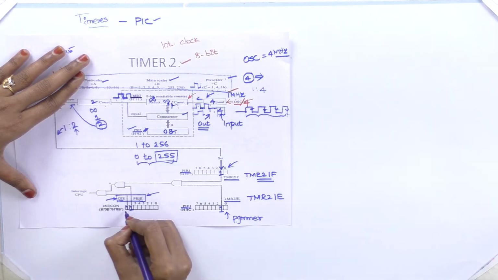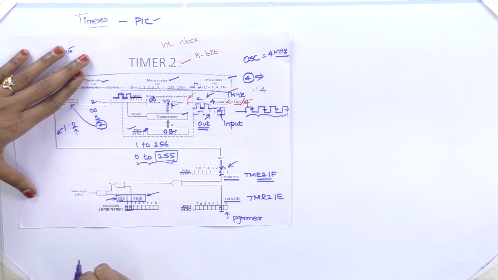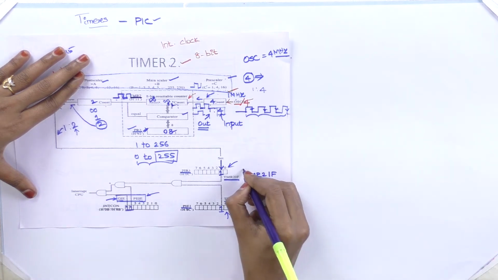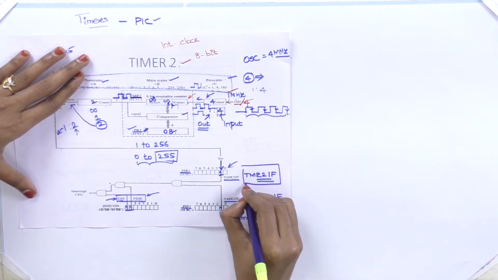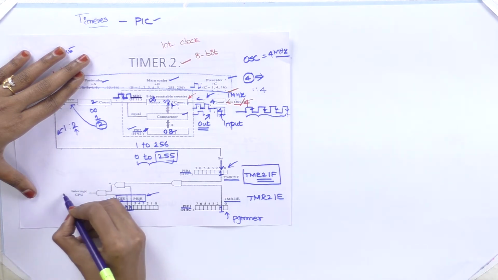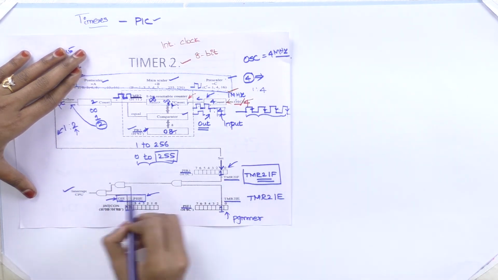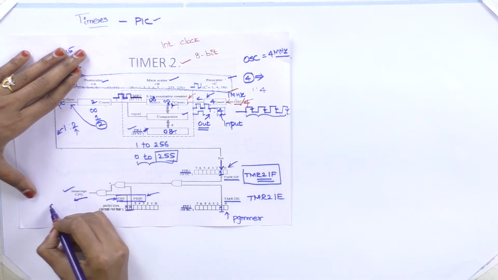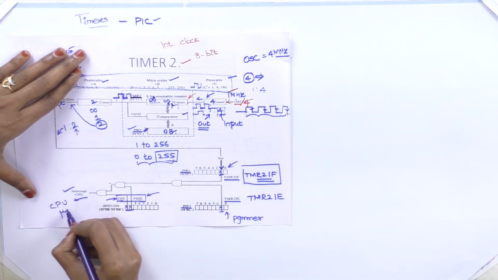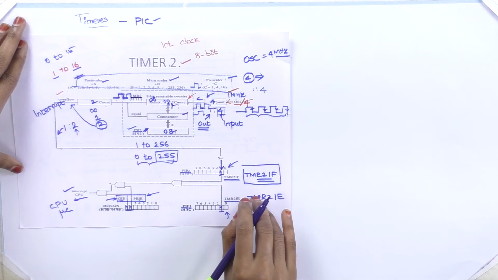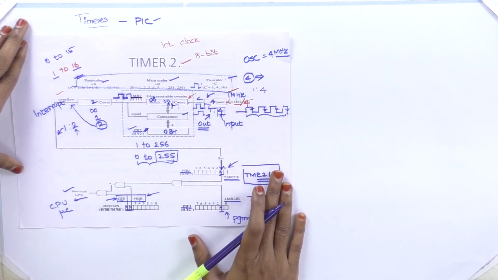So these 2 bits should be enabled, then only this particular interrupt will be recognized. When these bits are enabled, this interrupt will be recognized and given to the CPU, which is nothing but your microcontroller. So this is how the timer works.